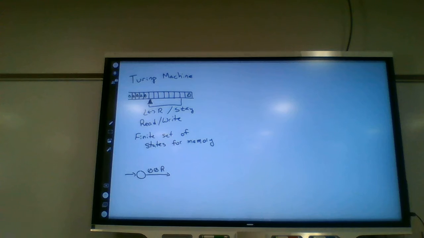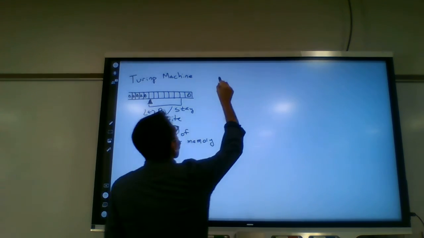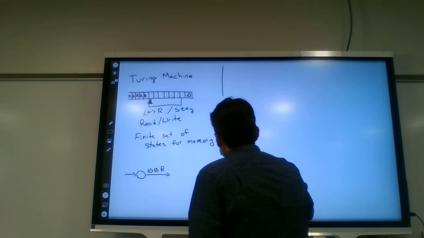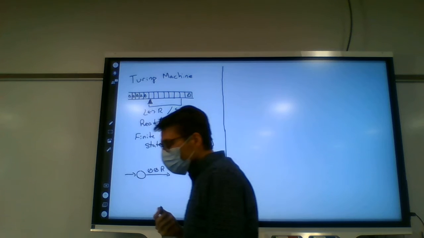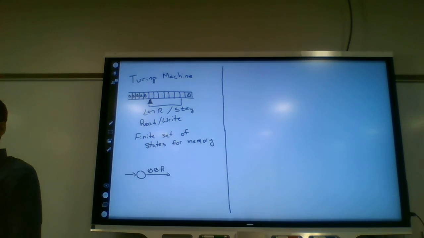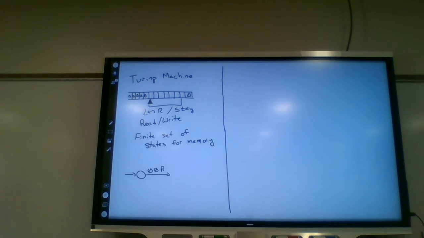So let's think about a language that we've dealt with before. Obviously, every regular language can be recognized by a Turing machine. In what way?